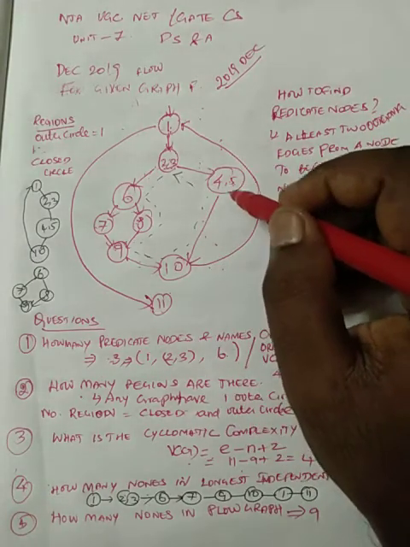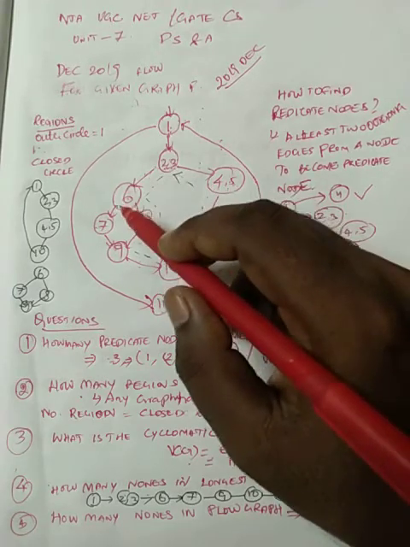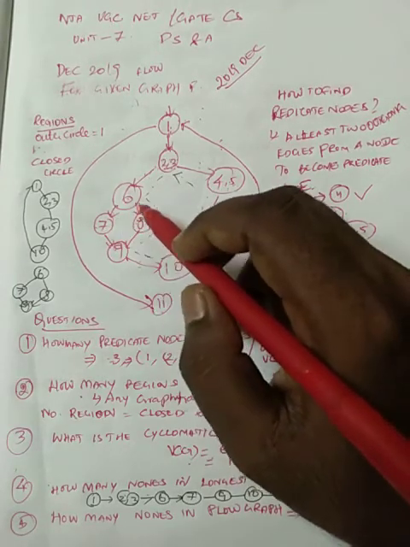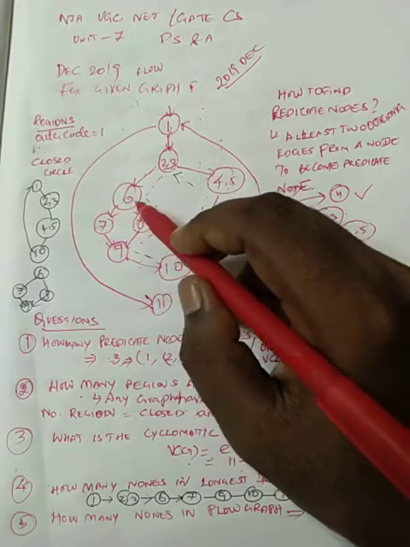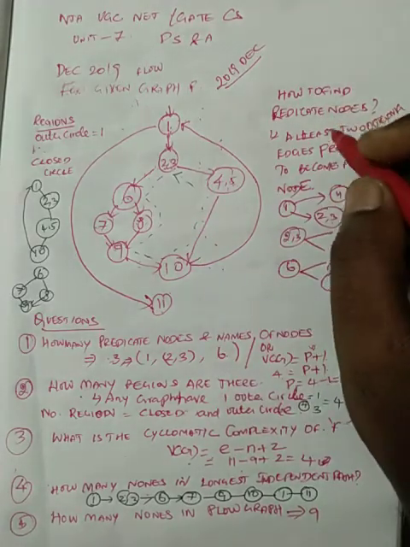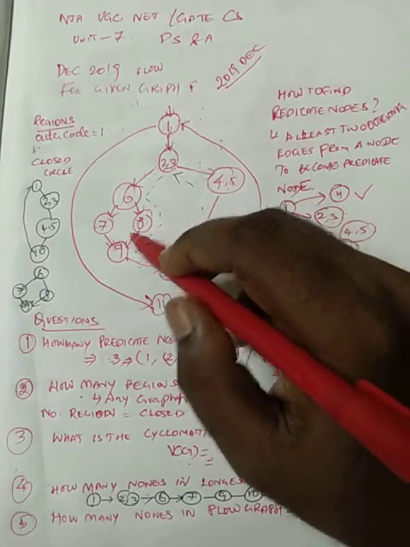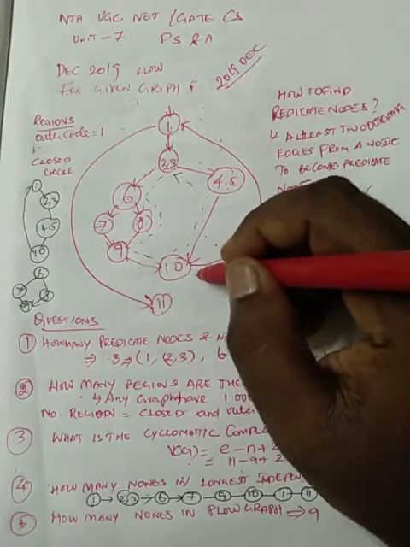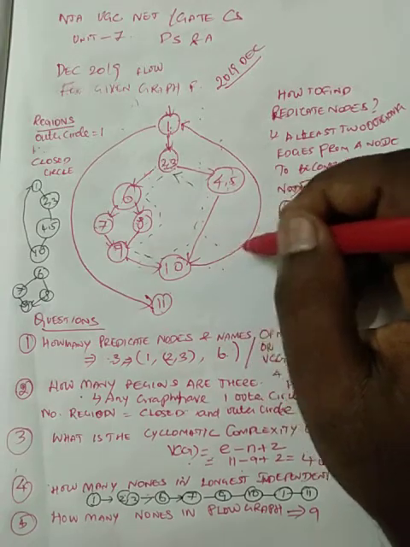If you come to 4,5, it is not. If you come to 6, again there are two outgoing edges, 6 to 7 and 6 to 8. So 6 is also a predicate node. Looking at 9, 7, 8 or 10, none of these nodes has two outgoing edges.